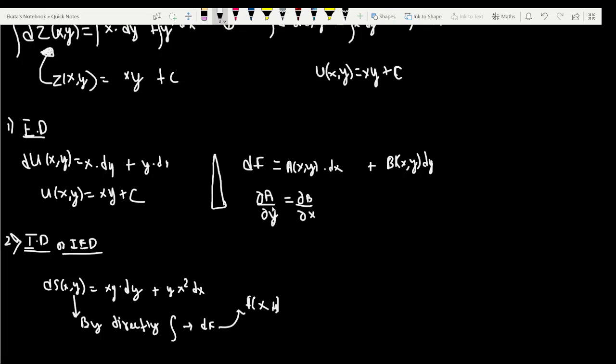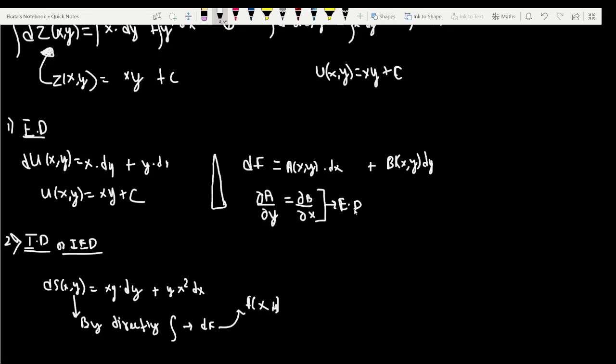Again, if the partial derivative of this particular a(x,y) function with respect to y is equal to the partial derivative of the b function with respect to x, so when a differential shows this type of property, it means this is an exact differential.